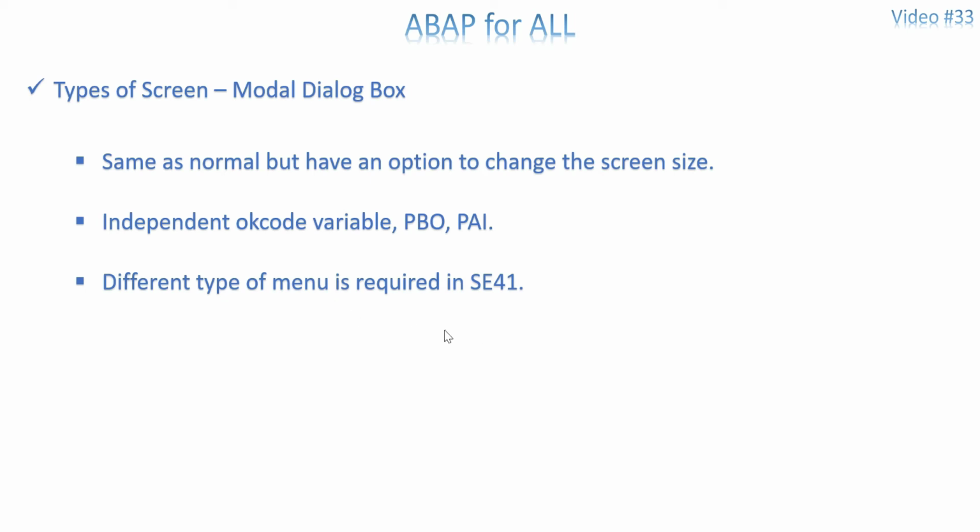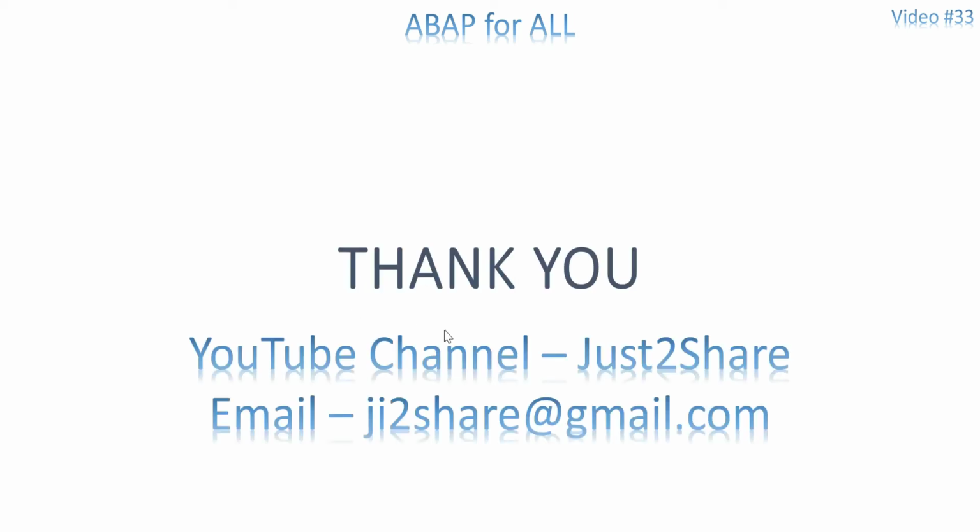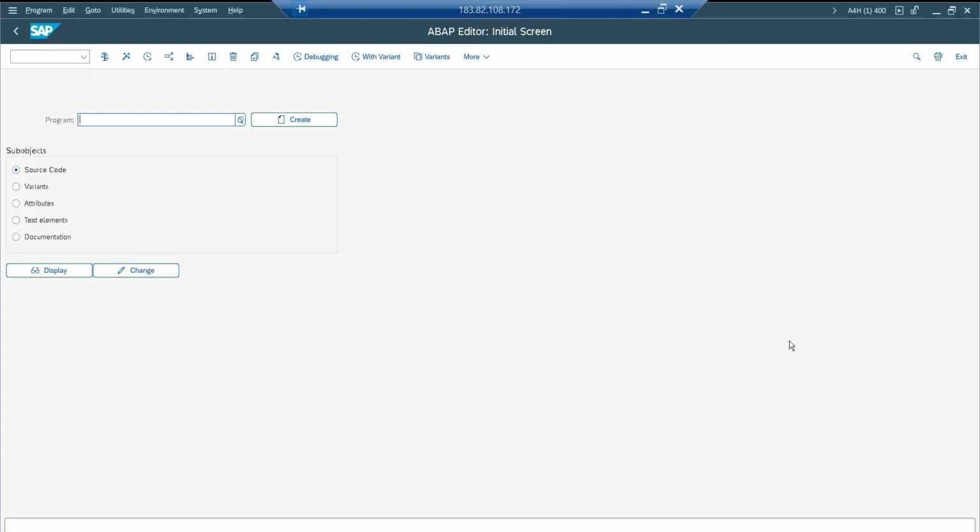Because you should be aware, if someone has created it and you're going to modify anything in the existing program, you should be aware of it. Through a report, they are also able to create module pool programming. Let me take you to the system. This is my system.